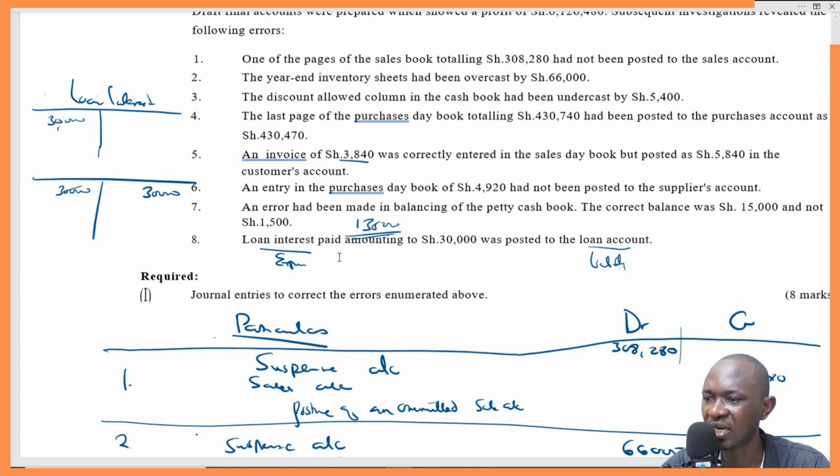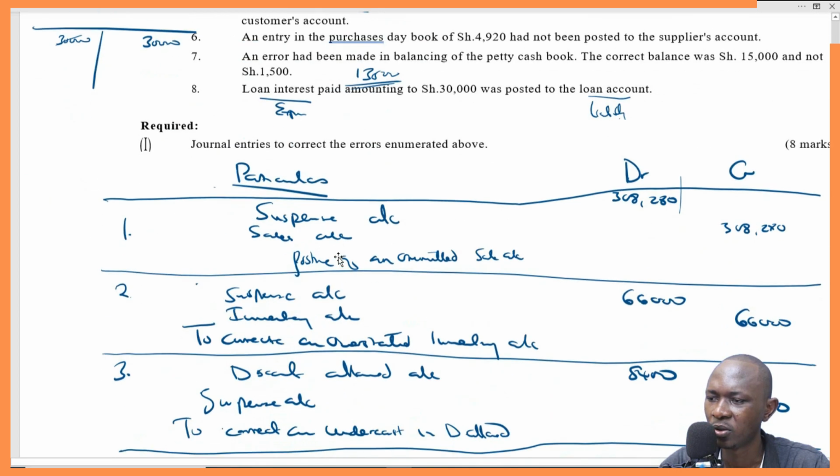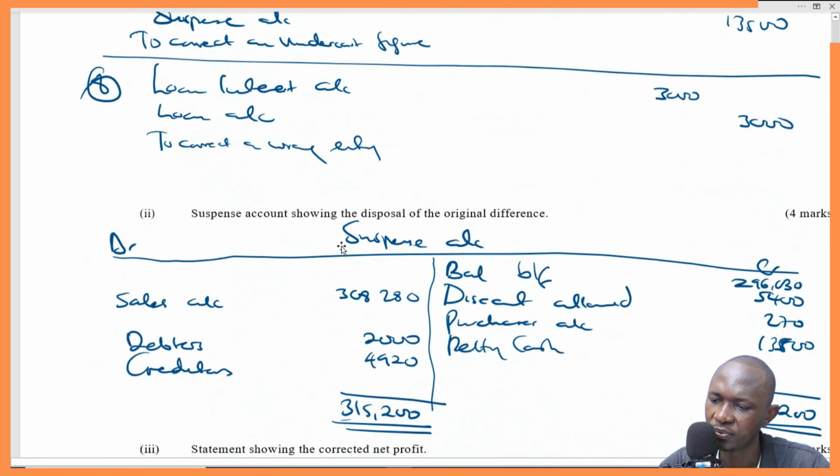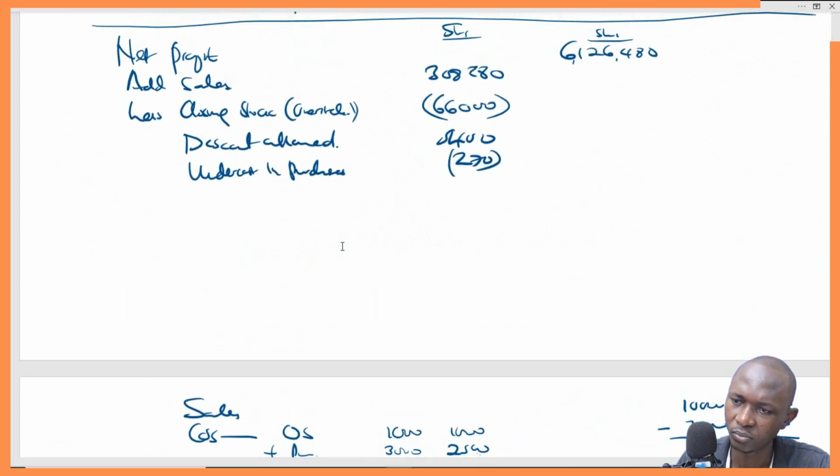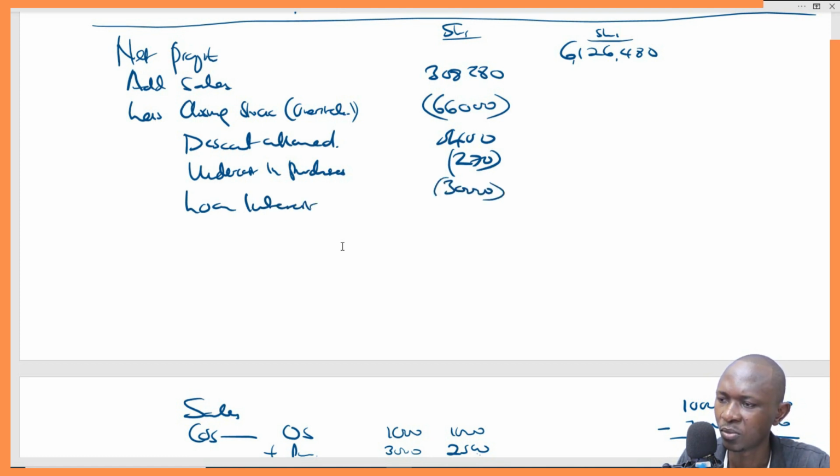We'll capture it as 30,000. If we increase the expenses, we reduce the net profit. And I think we are done.